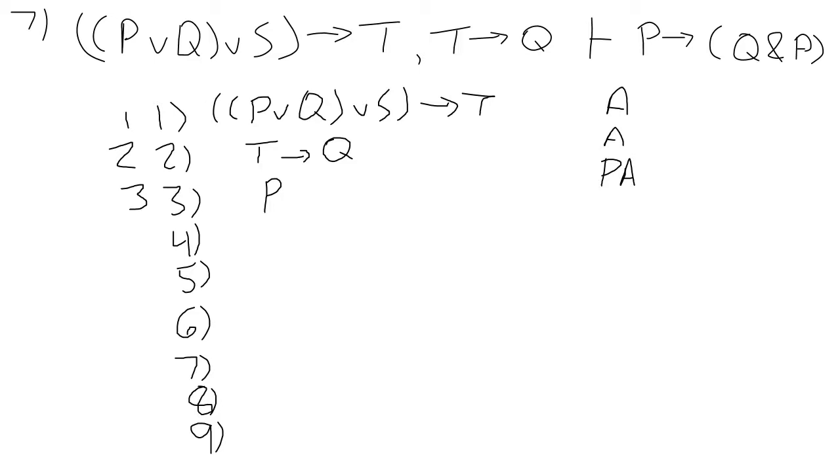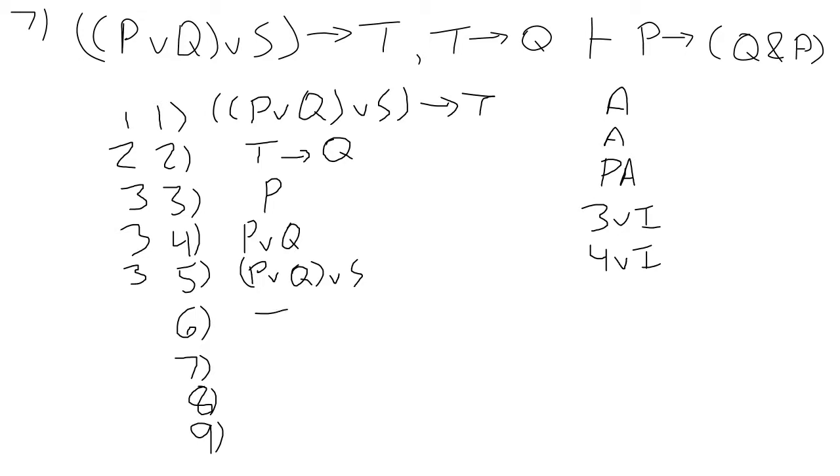To get to the Q, we gotta get through our first conditional statement there in line 1. So we gotta build it. So first we gotta wedge in our Q. 3 wedge in. And then we gotta wedge in our S to our P or Q. So it's gonna be 4 wedge in.